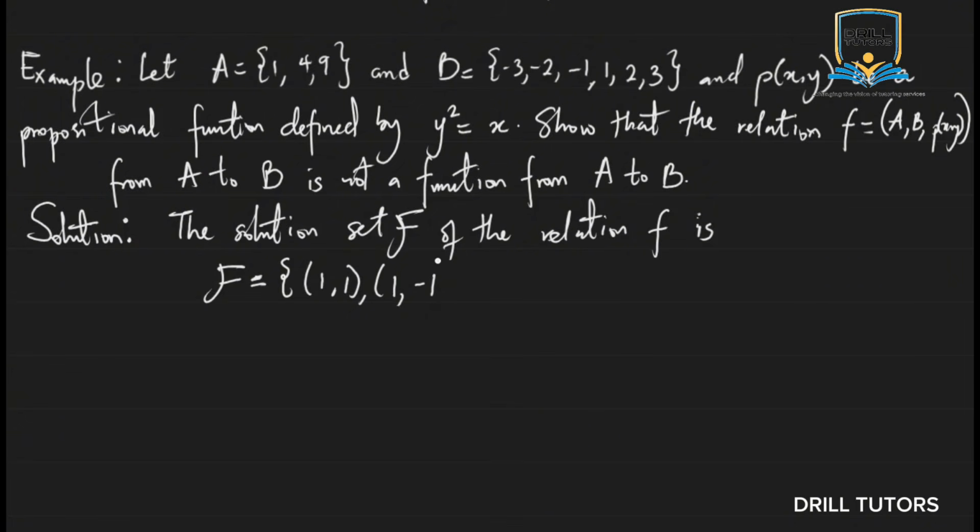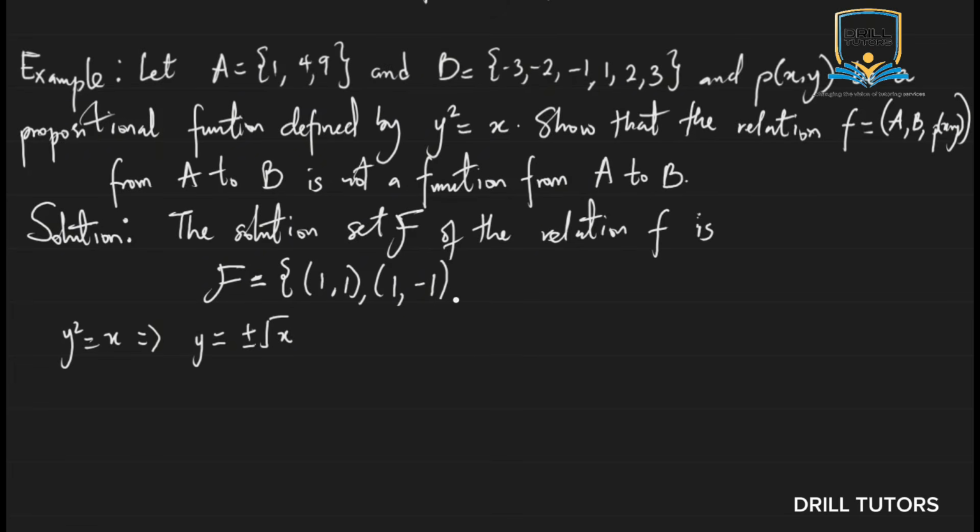Anytime you write y squared is equal to x, it is actually the same thing as writing y equal to plus or minus the root of x. And by writing this, it means that when x is 1, y can be plus or minus 1. Do you understand? So plus 1 applies, then minus 1 also applies anytime x is 1.